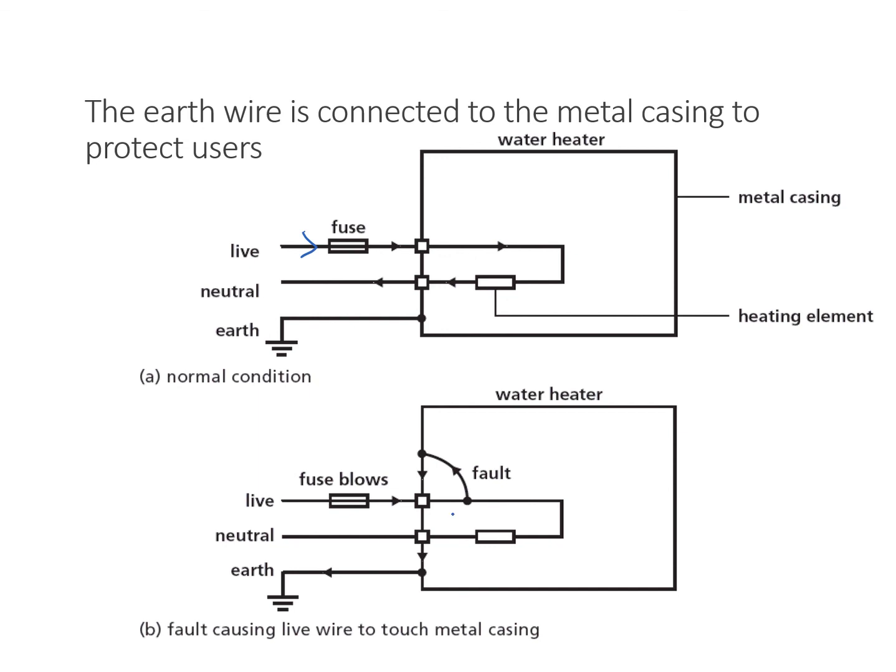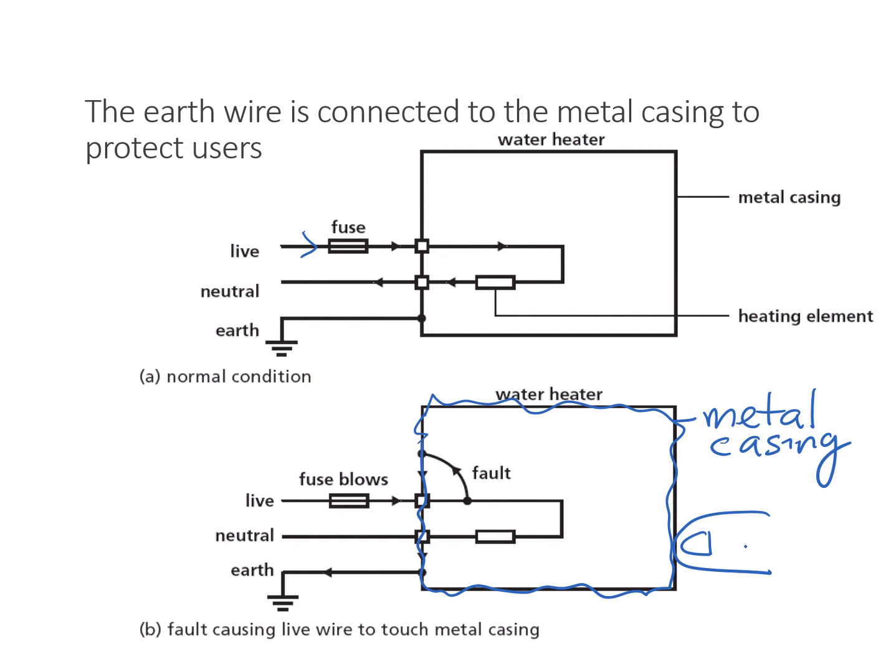But if accidentally one of the wires were to touch the metal casing, I don't need earth wire if the casing is a plastic because I will never get electric shock if I touch a plastic casing. But if it is a metal casing, then I got to be careful because if accidentally the live wire were to touch, then this whole thing becomes live. That means very high voltage. Then if someone were to accidentally touch it, this person gets electric shock, right?